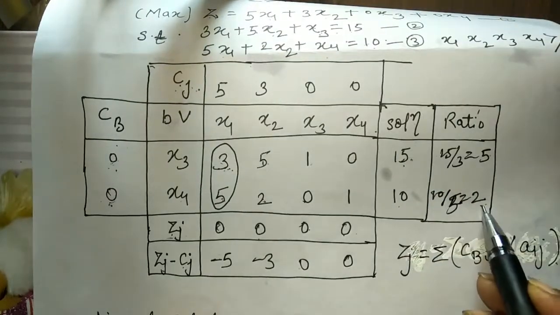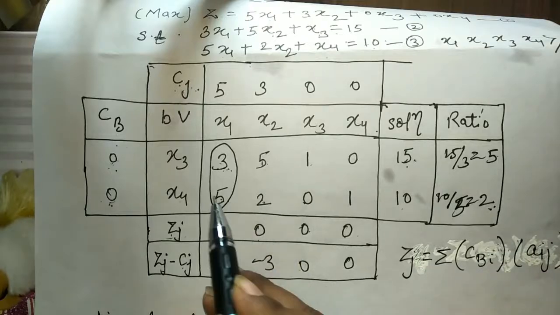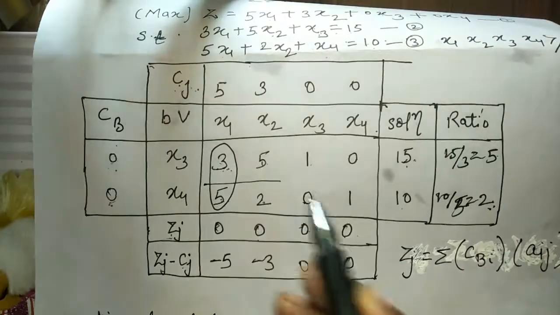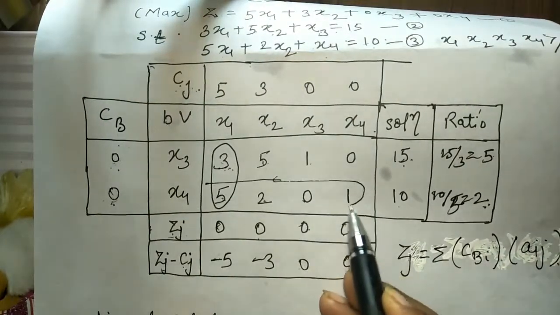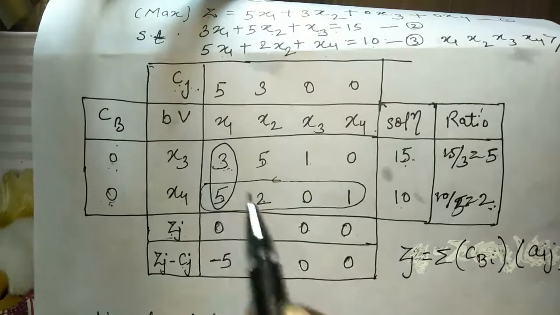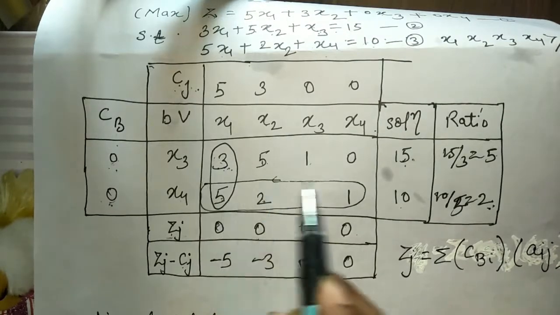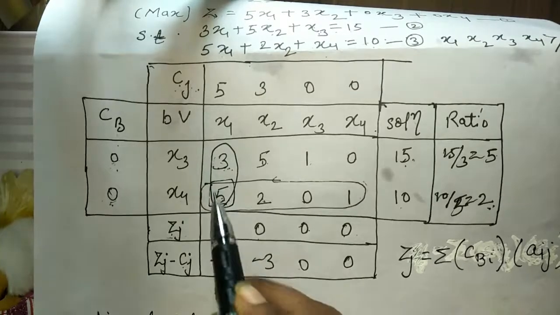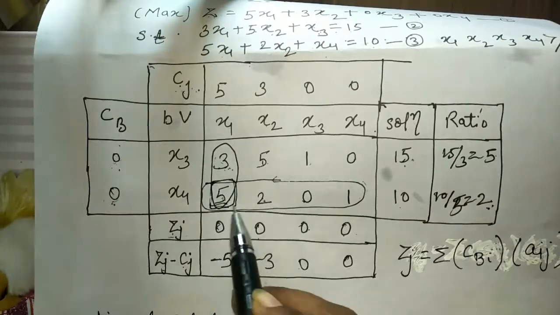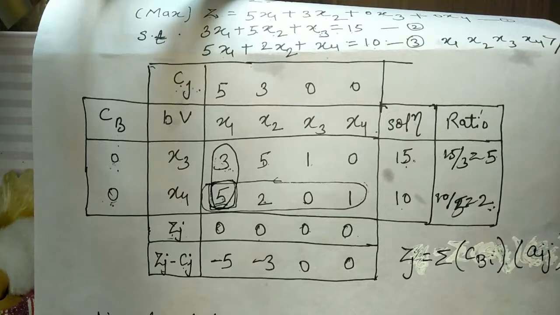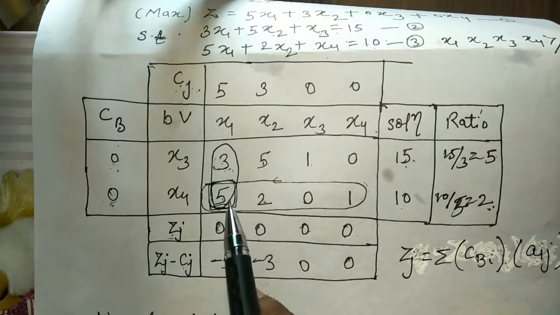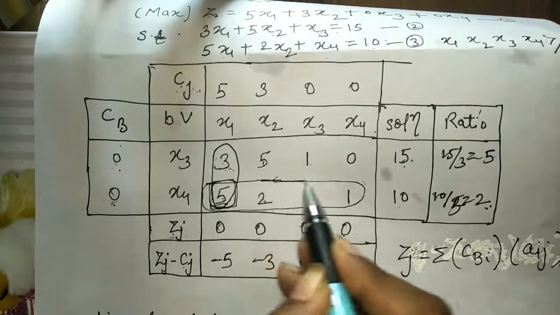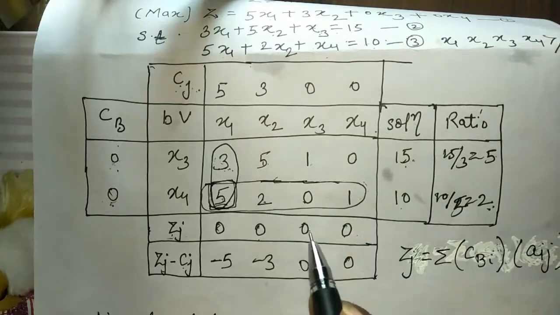Here the minimum is 2. So the row of the minimum ratio will be the key row. So this is the key column, this is the key row, and this is 5. The intersection of the key column and key row will be the key element. With the help of this, we will construct our next simplex table.